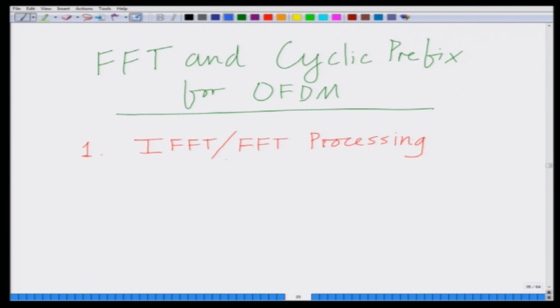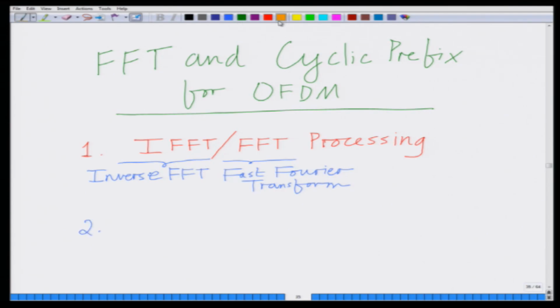As you all might already be familiar, FFT is the fast Fourier transform, and IFFT is the inverse FFT or inverse fast Fourier transform. And two, the second is what is also known as a cyclic prefix, which is also abbreviated as CP.